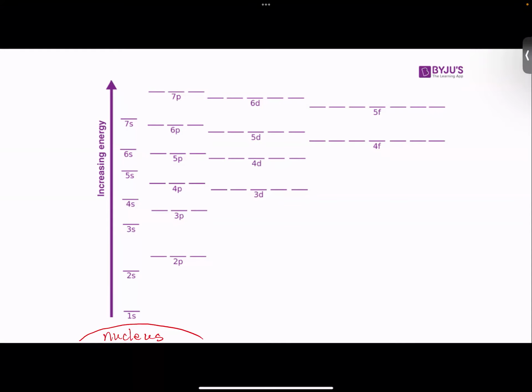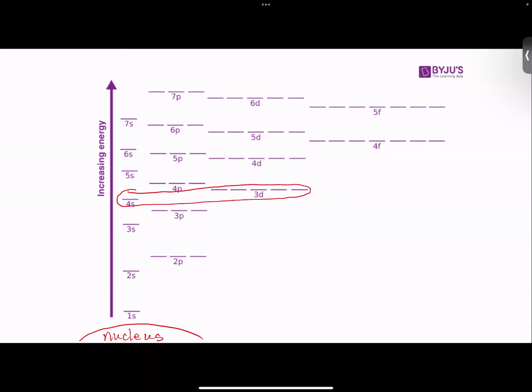Now that's important because when we start talking about a multi-electron system, what we're going to see is that due to all of this, the 4s and 3d are actually very close in energy.